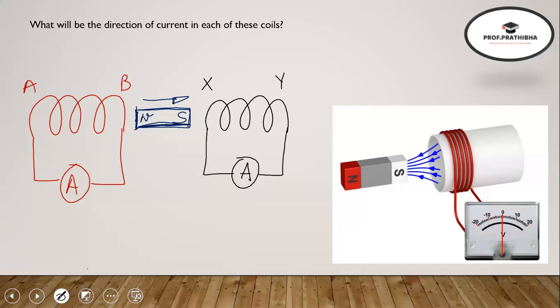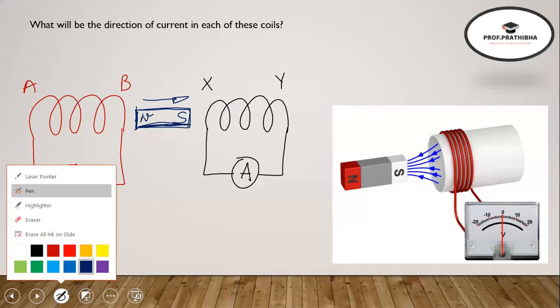Pradnya, okay, 1 you're telling me, okay. So 2 coils hai and you have to judge what is the direction of current in both of them. It's just checking your concept of Lenz's law again.